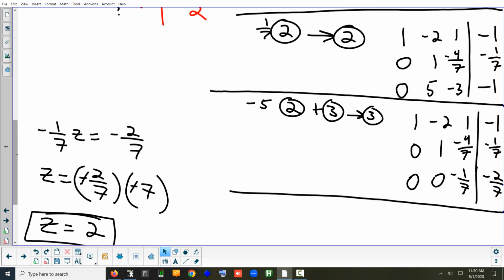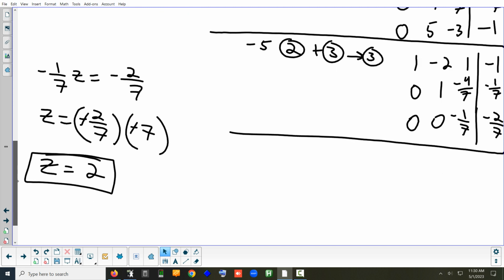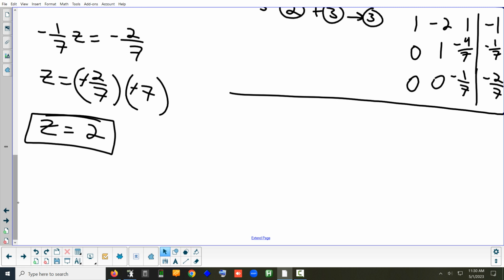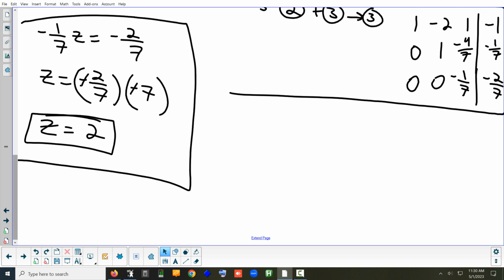Now let's go back up to the middle row. What does that middle row tell me if I wrote it back out as an equation? y minus 4/7 z equals negative 1/7.